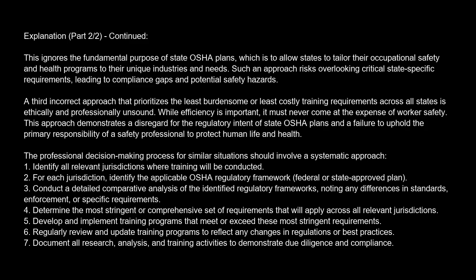Determine the most stringent or comprehensive set of requirements that will apply across all relevant jurisdictions. 5. Develop and implement training programs that meet or exceed these most stringent requirements. 6. Regularly review and update training programs to reflect any changes in regulations or best practices. 7. Document all research, analysis, and training activities to demonstrate due diligence and compliance.